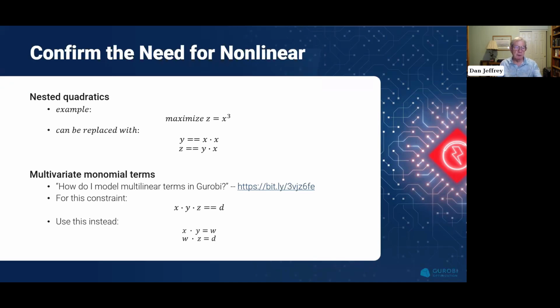And then the multivariate monomial terms can also be done in the same manner, instead of having one constraint, we'll have x times y equals w, introducing this variable w, and then w times z equals d. So we'll have 2 constraints instead of 1, and that'll achieve the same thing mathematically.